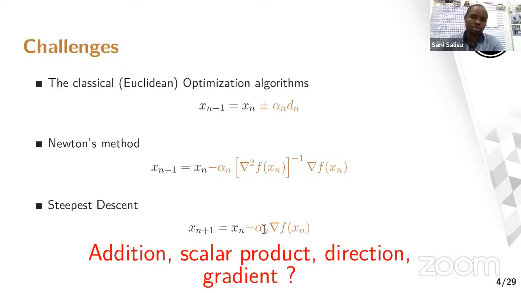A general question or challenge associated with the manifold is: do we do addition as in the usual sense? No. Do we have scalar product? No. Do we have direction or gradient? Remember, a manifold is not a vector space, so we don't have direction. So we have to mimic the idea of direction, and the direction has to be described from the tangent space. Of course, the gradient happens to turn out to be in the tangent space, because it is not the gradient from the classical setting, but the gradient described by the manifold structure.